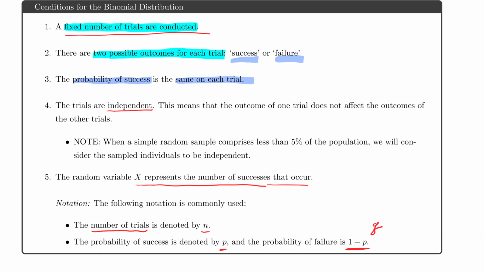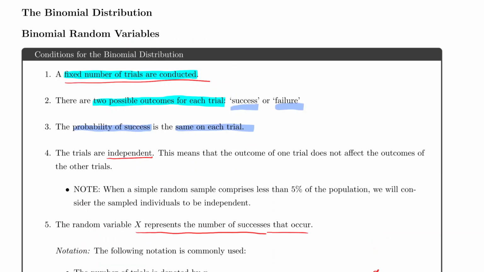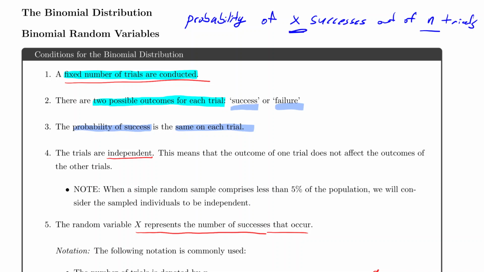So essentially, what we want to find in a binomial experiment is the probability of x number of successes out of n trials. So that's the central theme of the binomial distribution. It's still a type of probability problem, but we're finding x number of successes out of n trials.